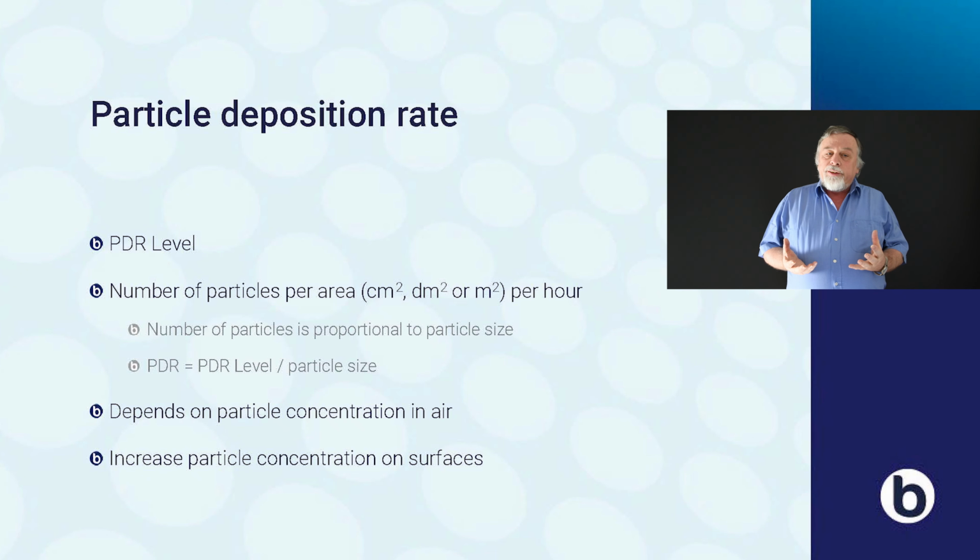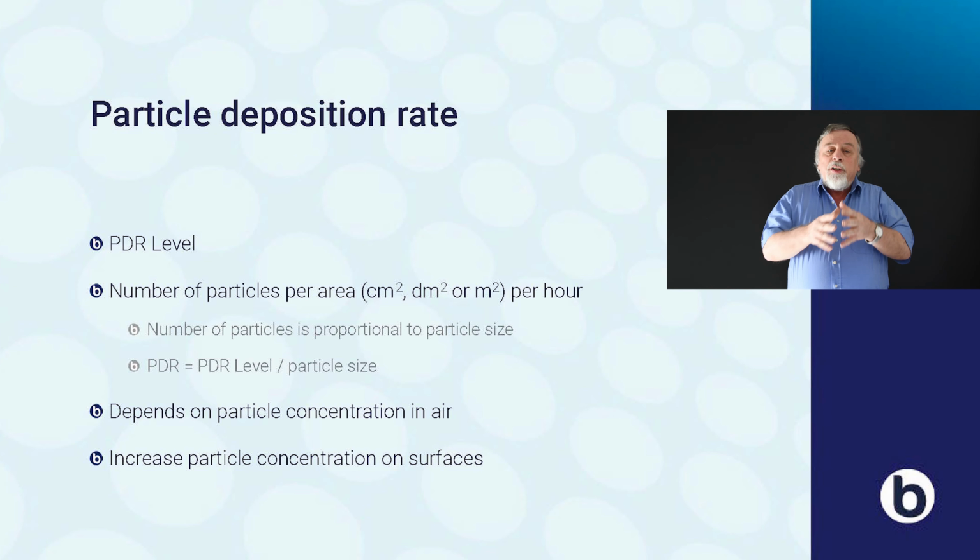Particle deposition rate. That's the number of particles larger than a particular size d in micrometers per area per hour. A particle deposition rate level is independent of particle size and gives you a general level of particle deposition in the clean room.